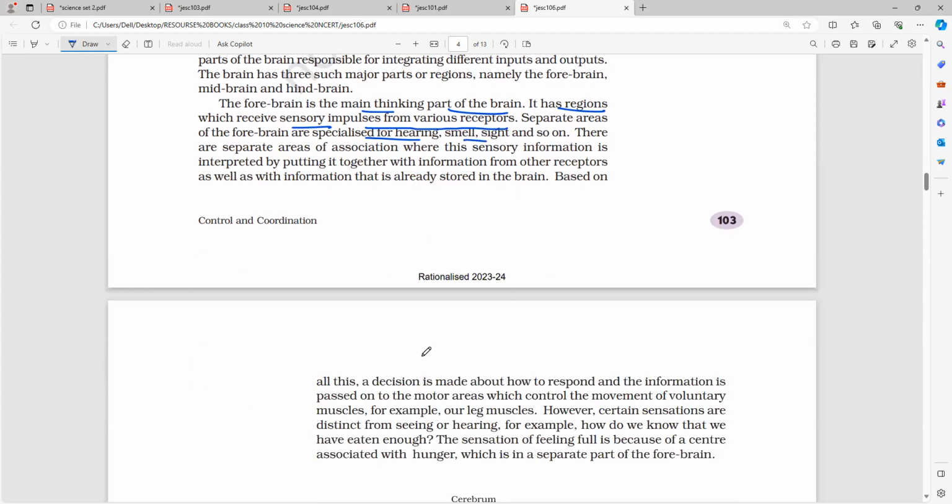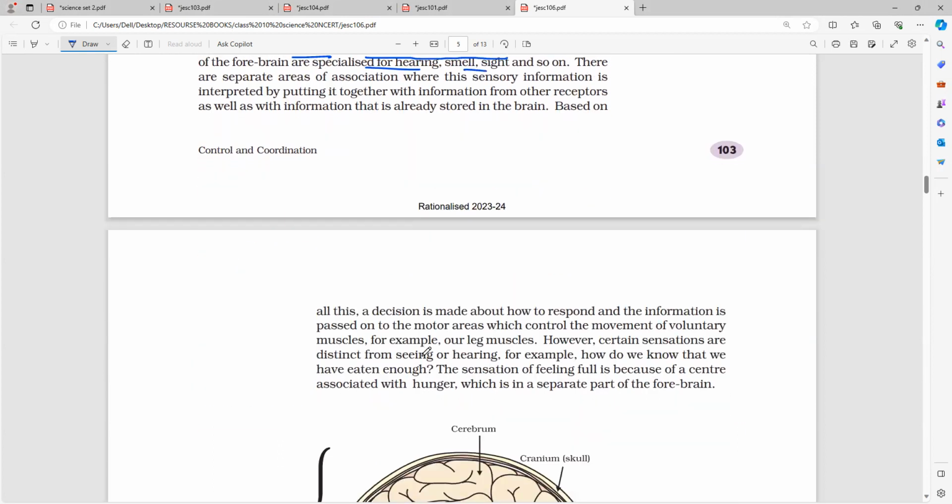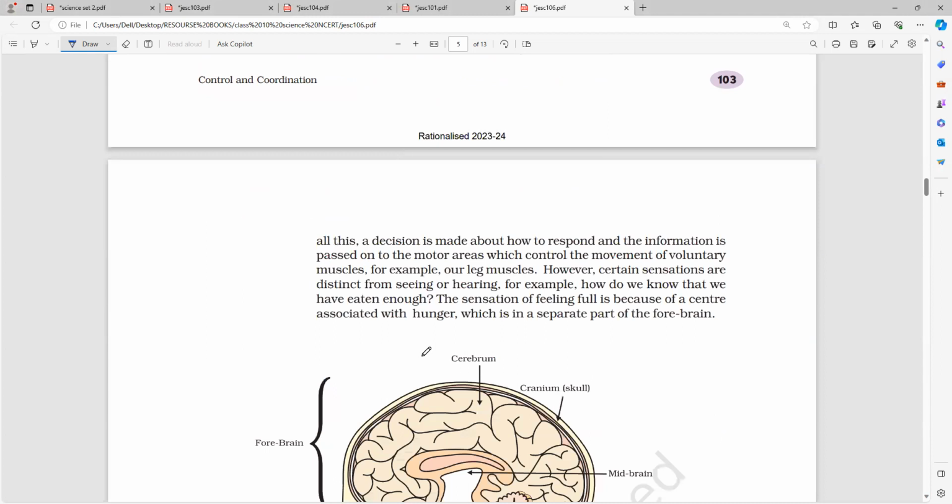Have you written it in the classwork? What is the importance of the cerebrum? Check and tell me.